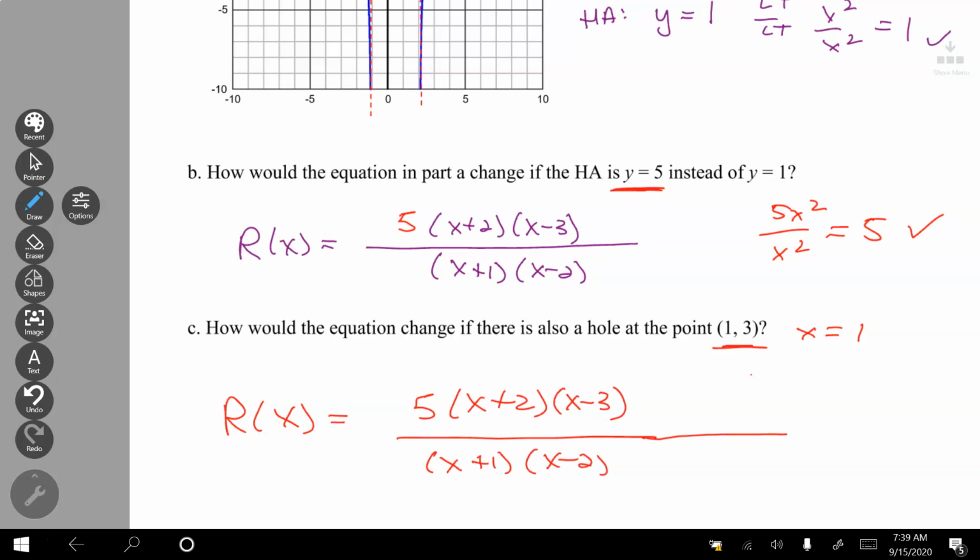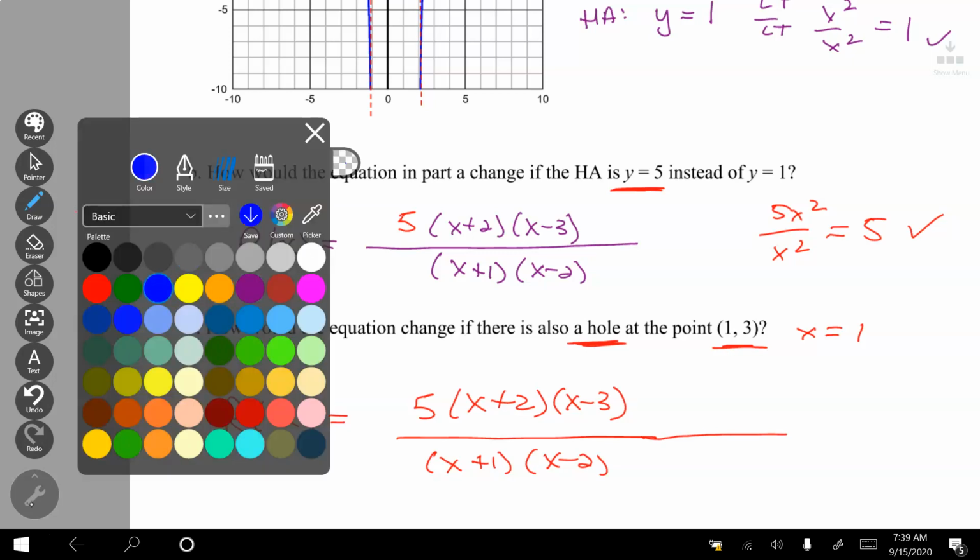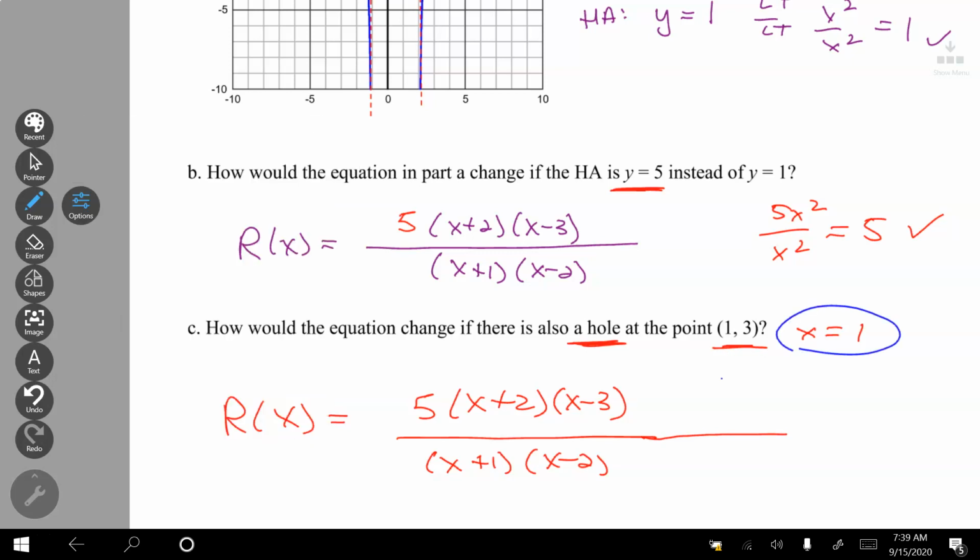And now I want to put this hole in this equation. Well, here's my x value. So I have to do this on top and this on bottom. And these two is what creates the hole in the graph at x equals 1. I need to put in both the numerator and denominator.